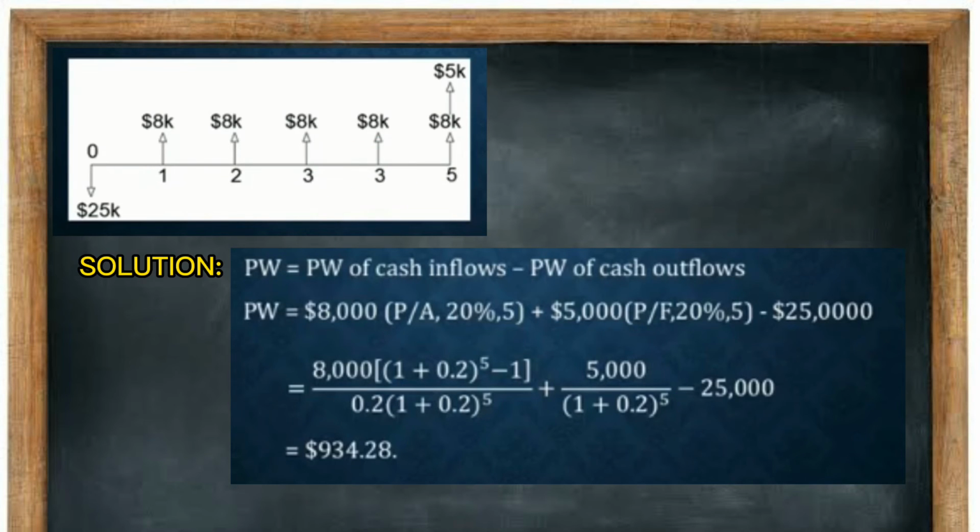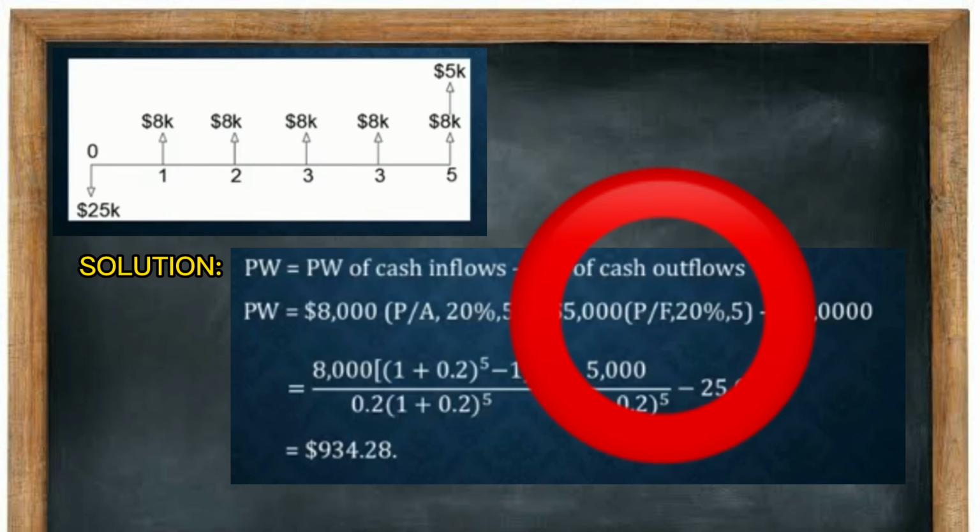So inflows follow the pattern, and with the formula, we will get the present worth. So we have this formula, yung nasa baba. Pagdating naman kay $5,000, which is the market value of the equipment, since nasa future worth na siya, therefore i-move natin siya sa present.